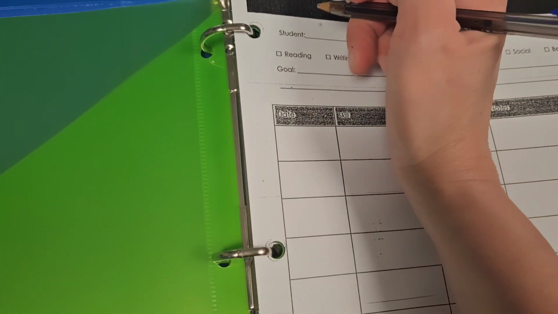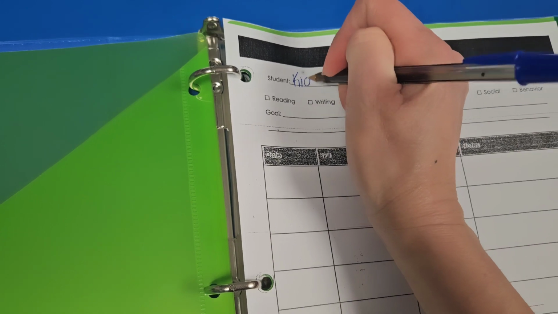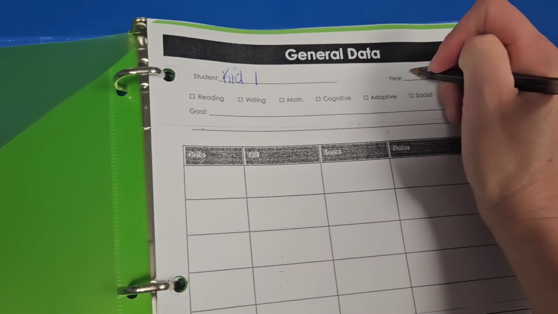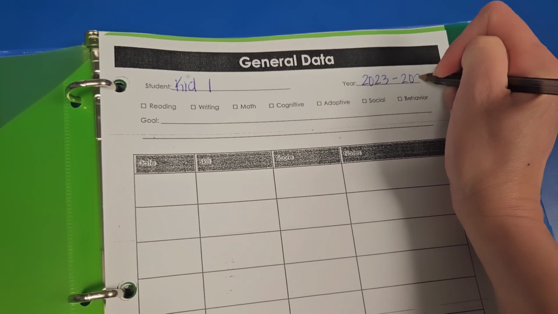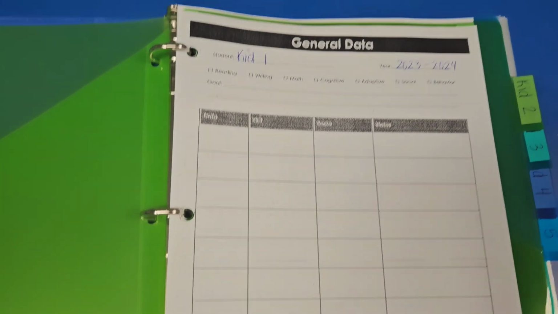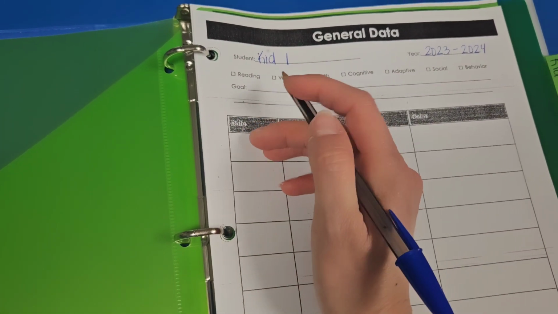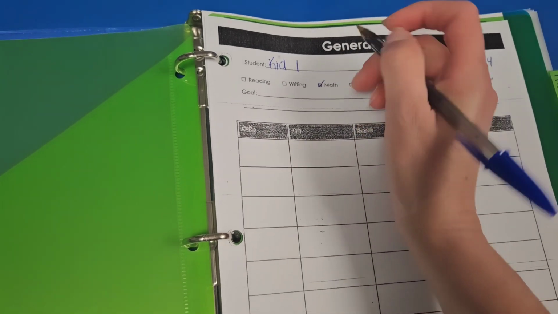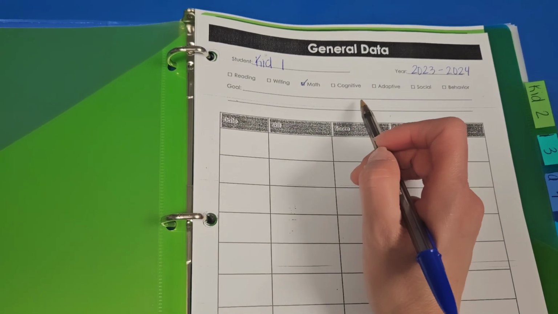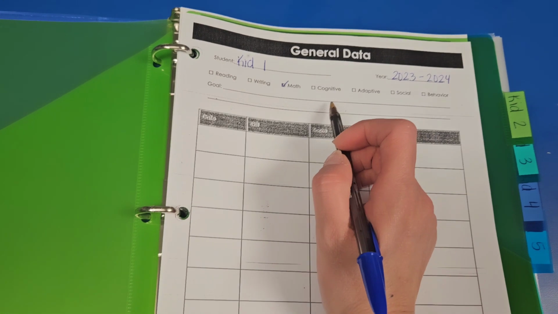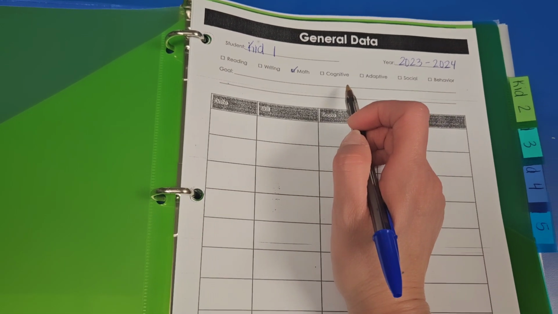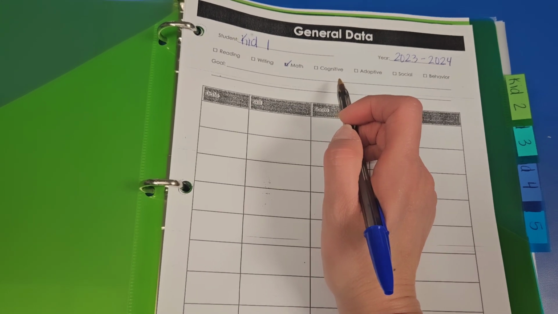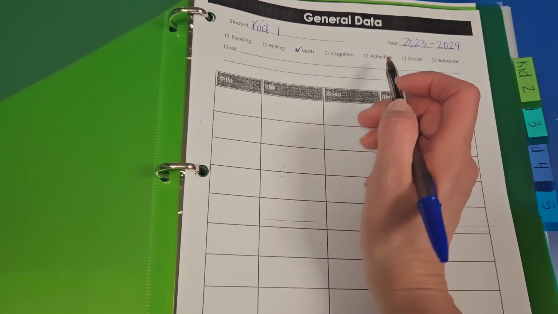So I could say this is kid 1 and the year is 2023, 2024, in case you have this kid for the next year. And let's say their goal is math, and then you would write whatever their goal is, and let's say it's something about addition, and they are to get 5 out of the 6 problems correct.